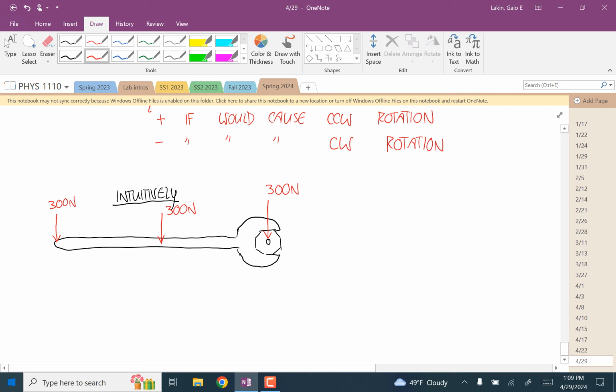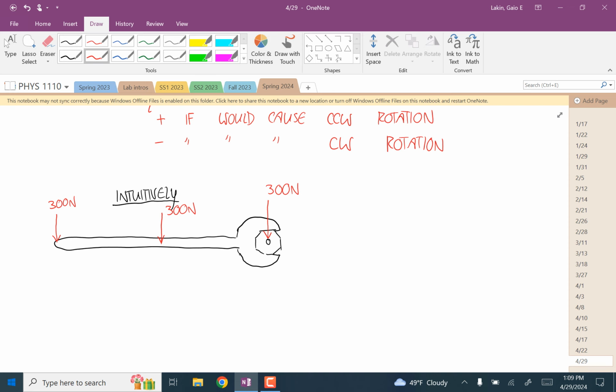Well, you know from experience that if you apply the same force at all of these, the biggest chance of getting this thing loose would be applying the force over here, okay? And it has to do with that moment. The distance from, so this is our A, the fixed point.